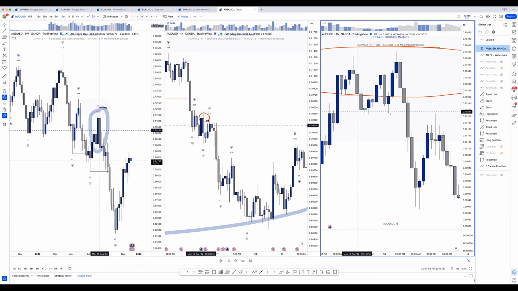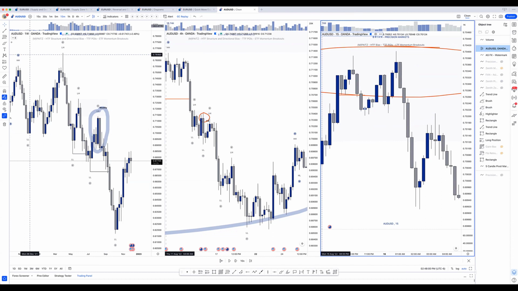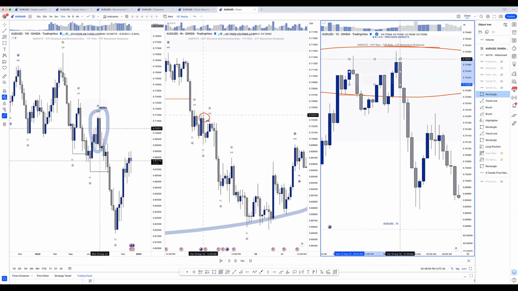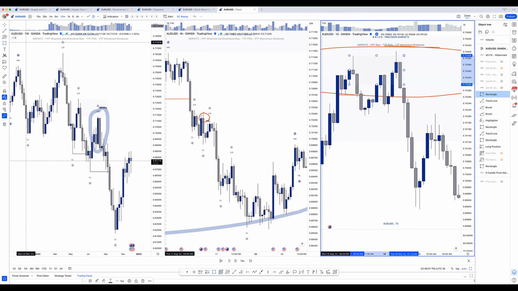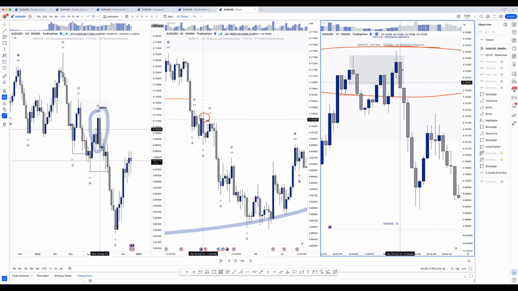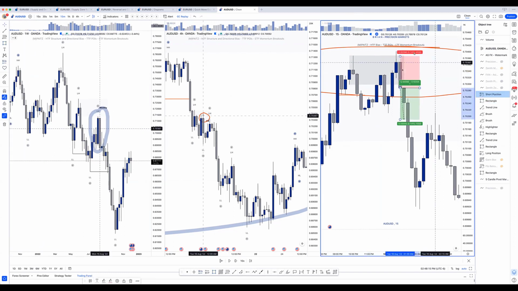This is a lower low right here. So price comes back into your supply zone. So now this is a supply for M15. And you take this trade, right?